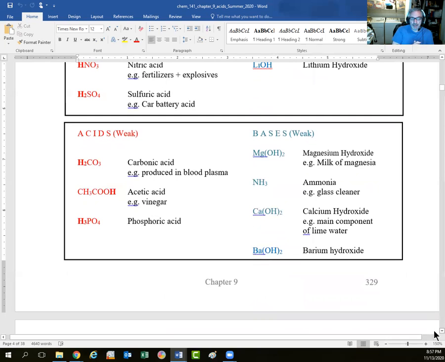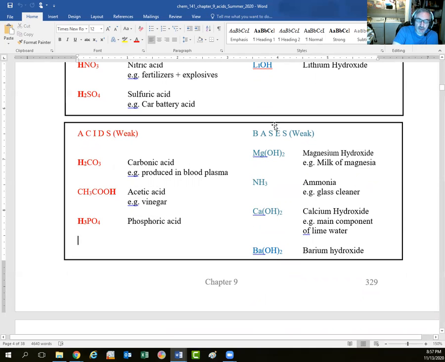Now for some common weak acids and bases, carbonic acid is a good example using the carbonate ion with hydrogen. Also acetic acid, which is basically just vinegar, and then phosphoric acid, combining the phosphate ion with 3 hydrogens. That's the most commonly found weak acids.